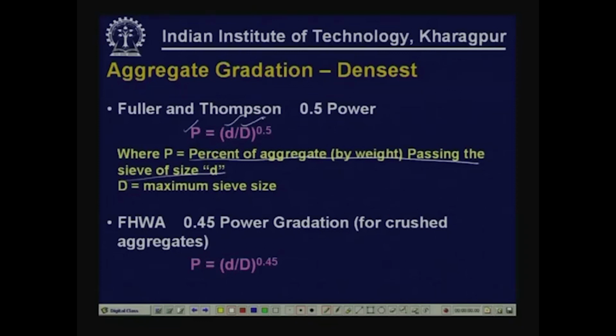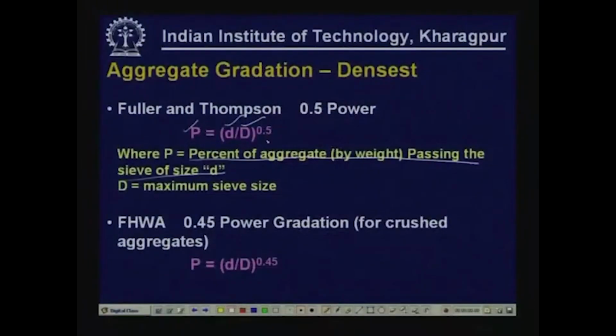For example, if 25 millimeter is the maximum sieve size, we are trying to find out, for the gradation to be very dense, what should be the percentage of material passing through, let us say, 13 millimeter size. So, we will be putting 13 divided by 25 to the power 0.5, multiplied by 100, of course, to get the percentage passing. If you take material in such a fashion, that would give you the densest gradation as per Fuller and Thomson. But the Fuller and Thomson gradation is considered to be applicable for spherical particles.